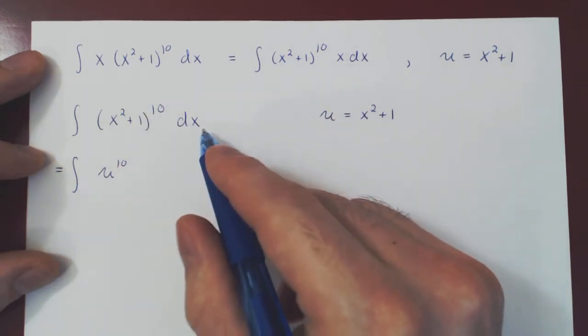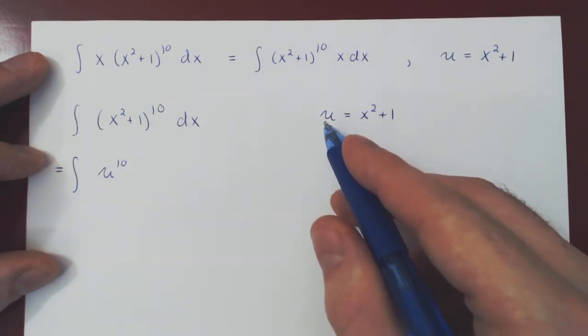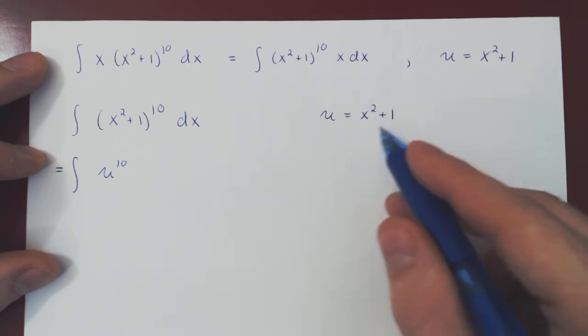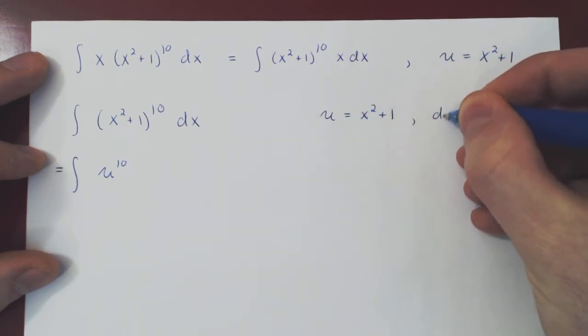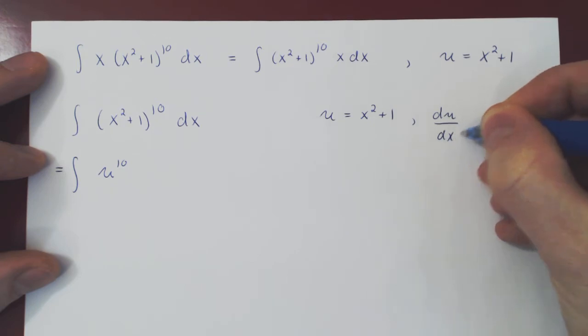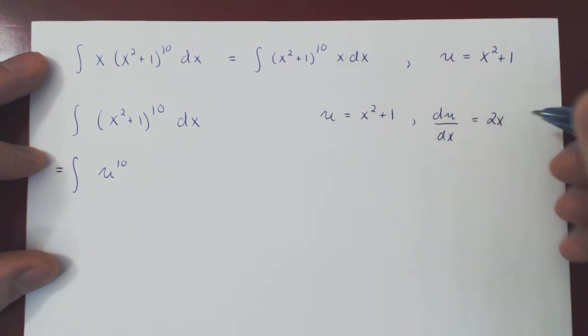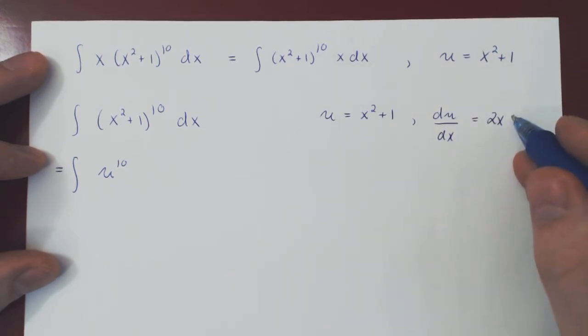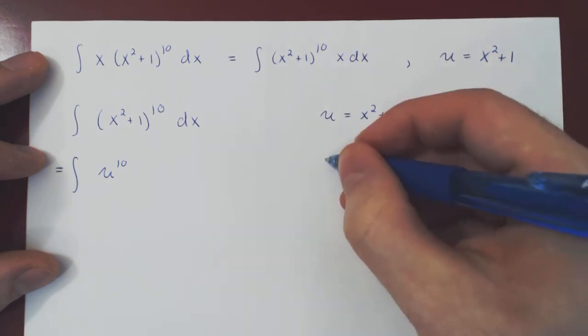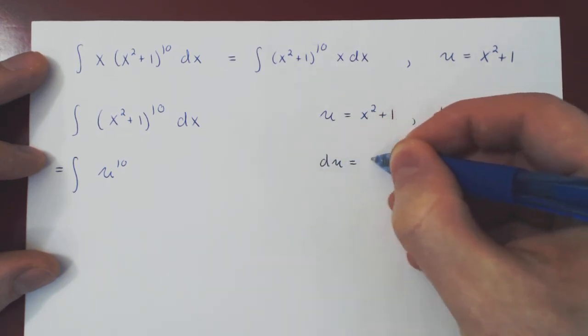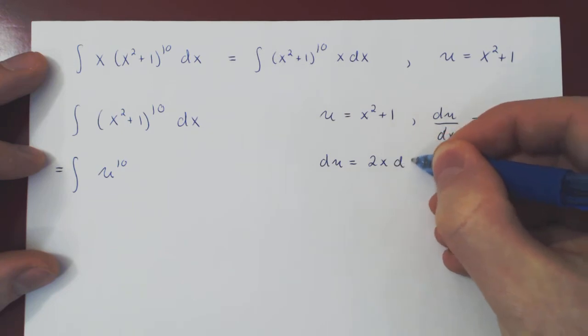And now what about dx? Well, again as before, u is a function of x being x squared plus 1. Differentiate u with respect to x, and you get 2x. Multiply by dx to the right, and you get that du is 2x dx.